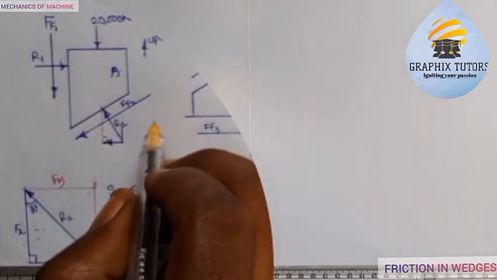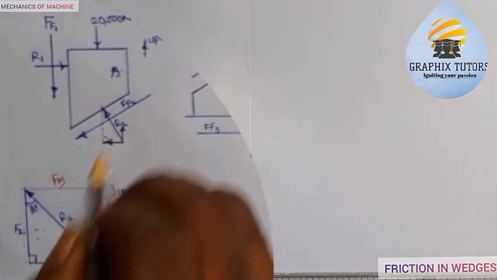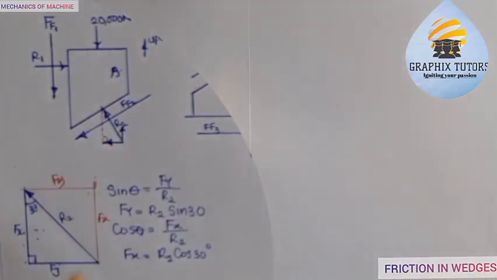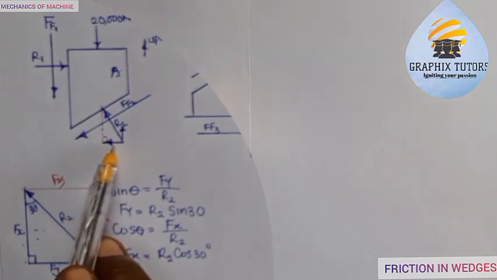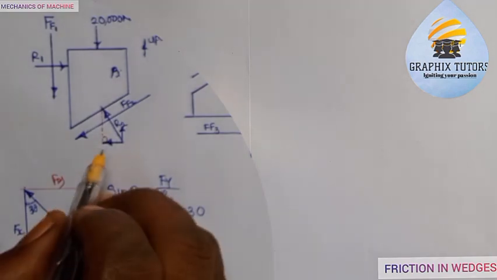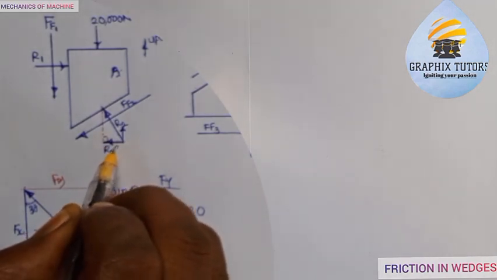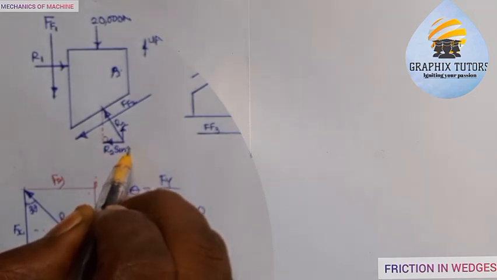So it's coming here this way. How good? So from here now, look at what will happen. This side here is my f of y, you can see it's going this way, and my f of y here is given to be R2 sine 30.